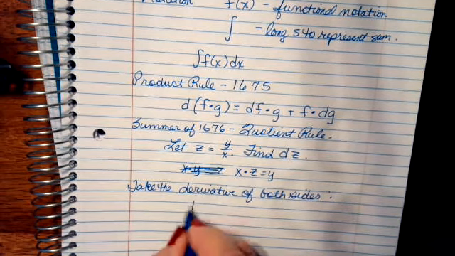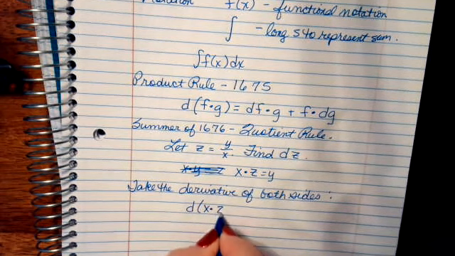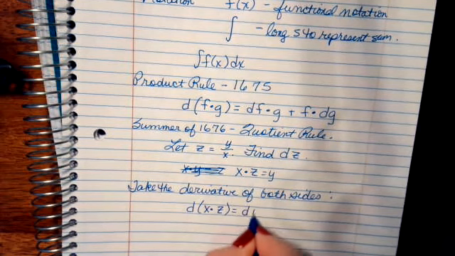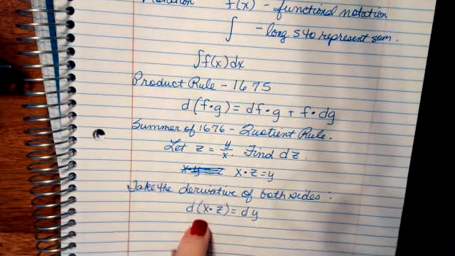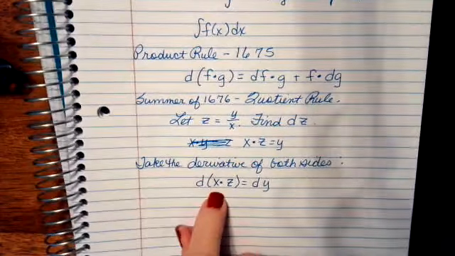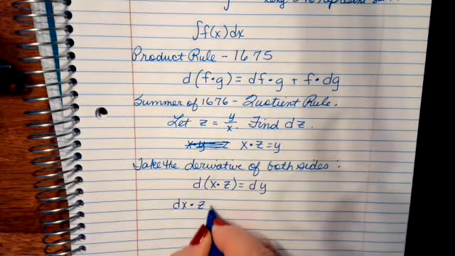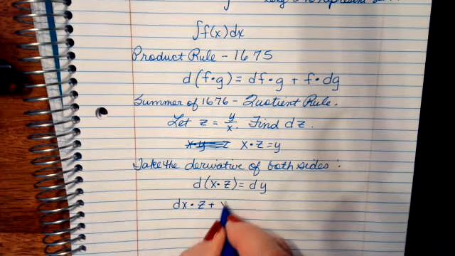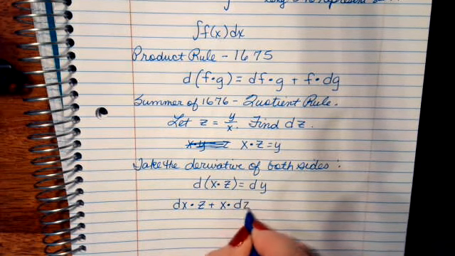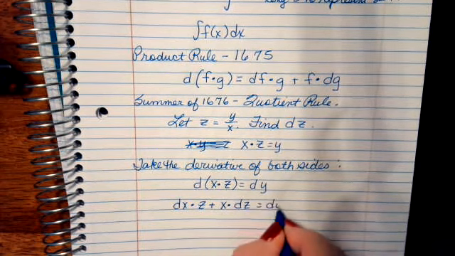And we'll get the derivative of x times z equals the derivative of y. But he already knew how to find the derivative of a product. So this derivative was the derivative of x times z plus x times the derivative of z equals dy.